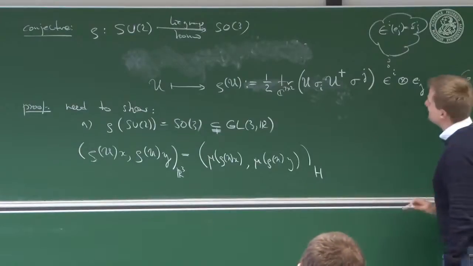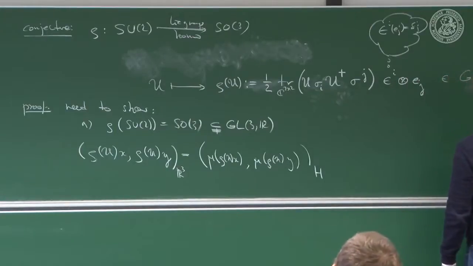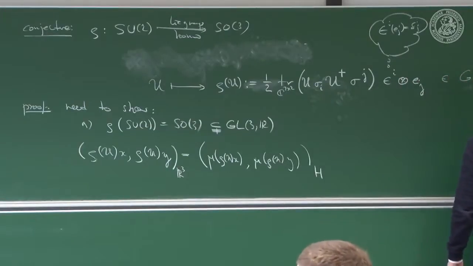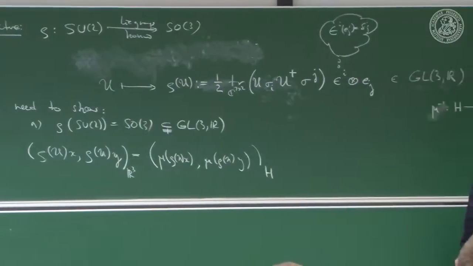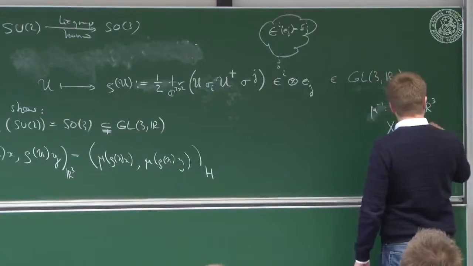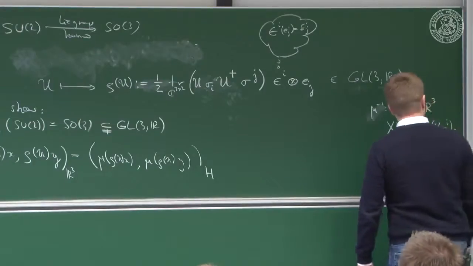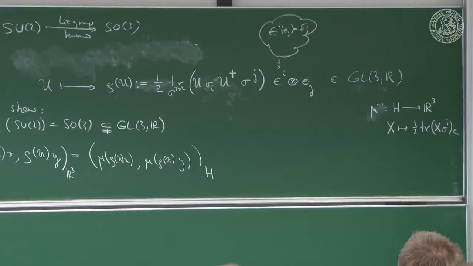Okay, let's not be silly. So what was mu inverse? Mu inverse went from H back to R3, agree? And it was x being sent to 1/2 trace of x sigma I, E_I. Is that correct? Is that what we defined? I think that's what we defined, right?